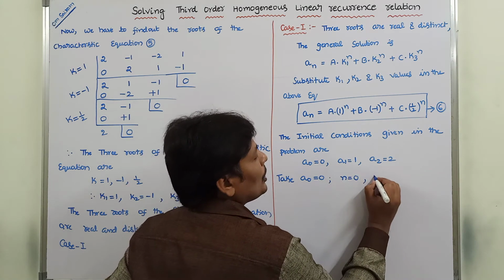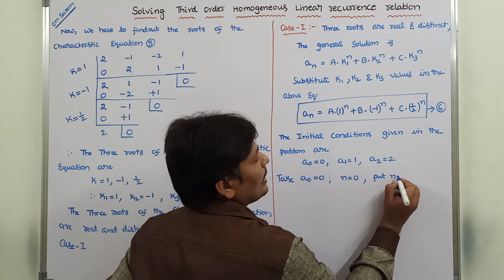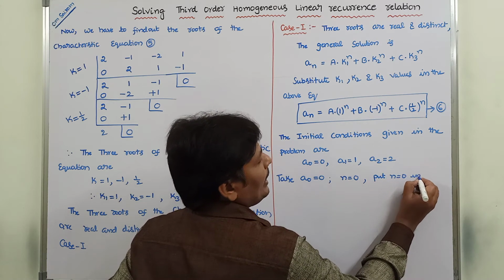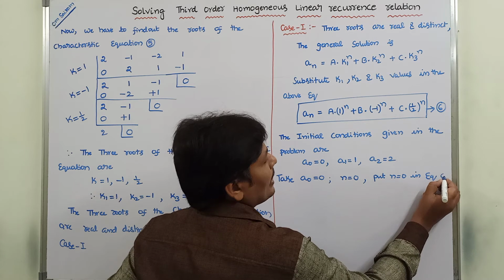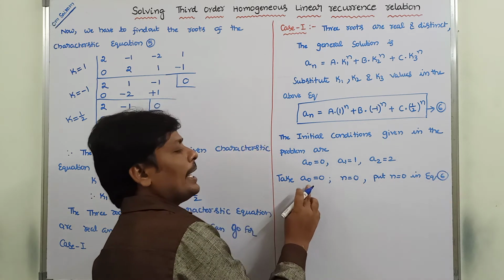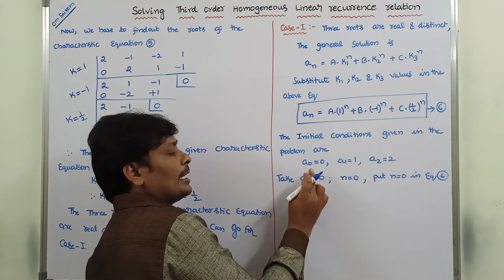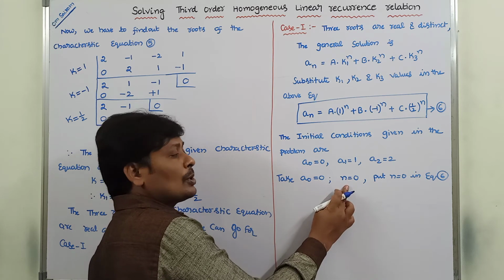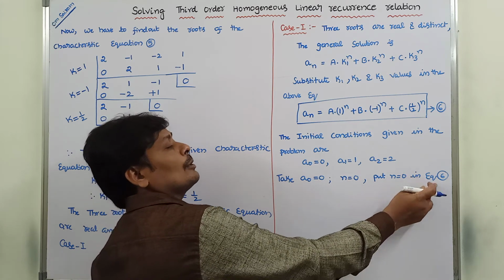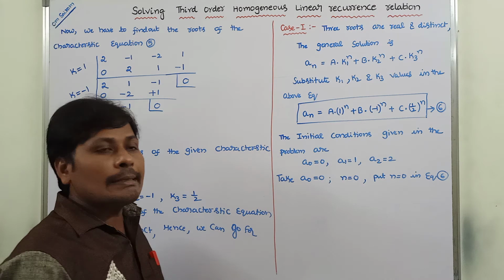So now put n is equal to 0 in equation 6. Take A0 is equal to 0. That means n value is equal to 0. Put n value is equal to 0 in equation 6.